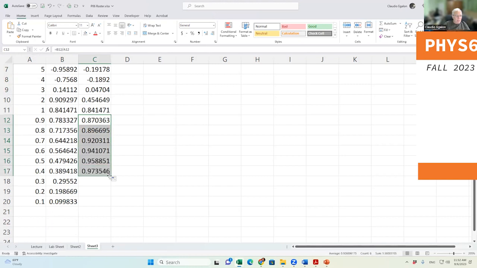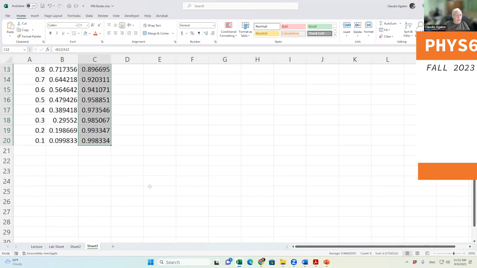You see what's happening here? Every small step that we take, this value of sine of x divided by x converges towards a value. If I take the sine of 0, what do I get? I get a division of 0 by 0.